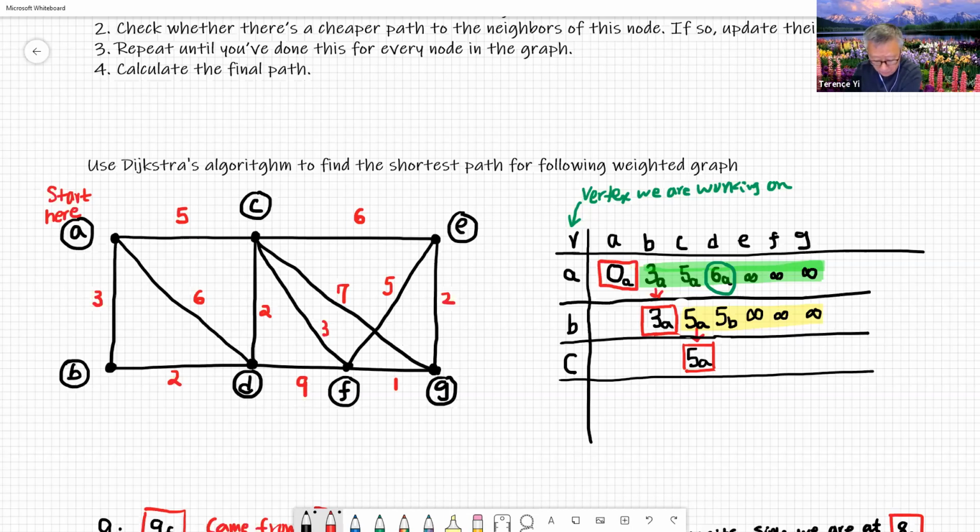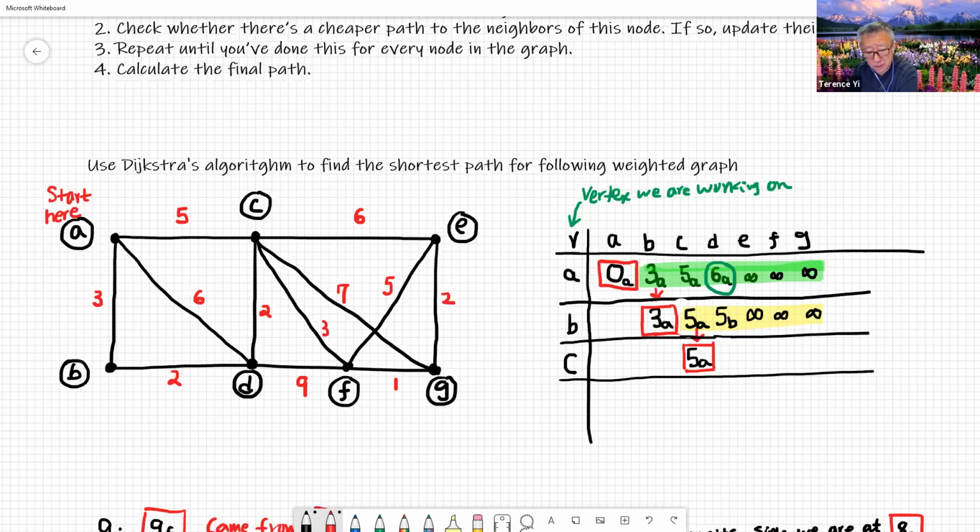But if you look at any other options over here, the 5 that we originally have is coming from B, right? To get to D, we decided to take A to B and B to D, and we ended up with a 5, but previously it was a 6.